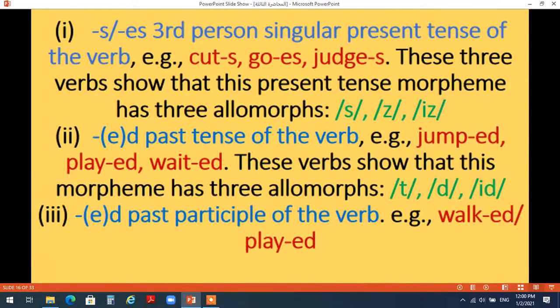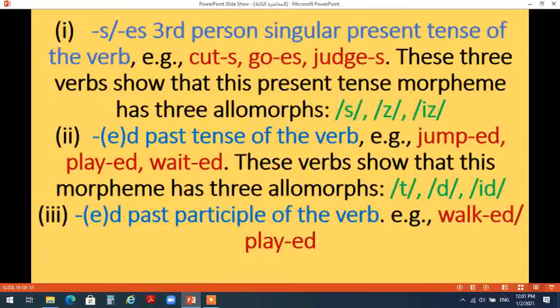These three verbs show that this present tense morpheme has three allomorphs which are s, z, and iz. In this case we have three different allomorphs depending on the last sound in the verb.